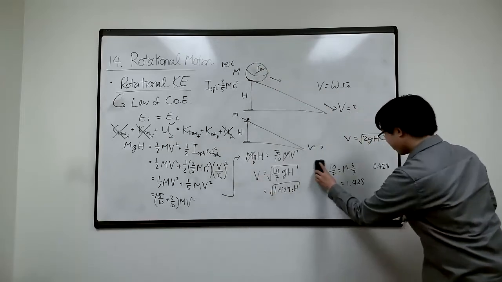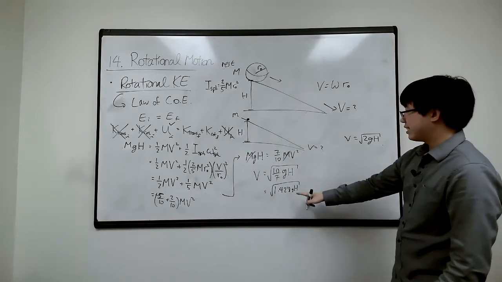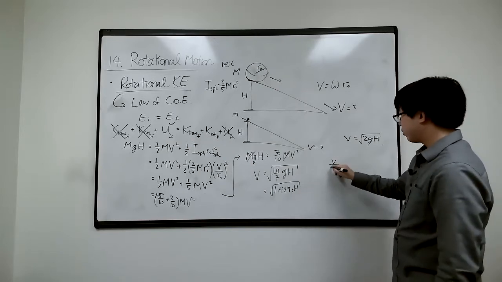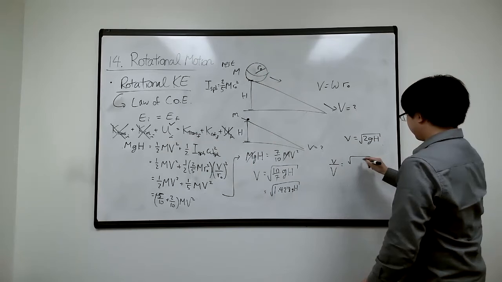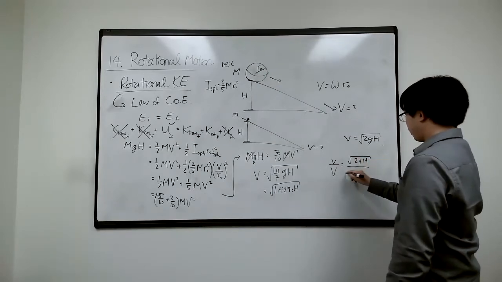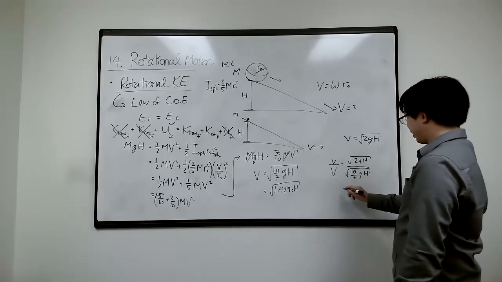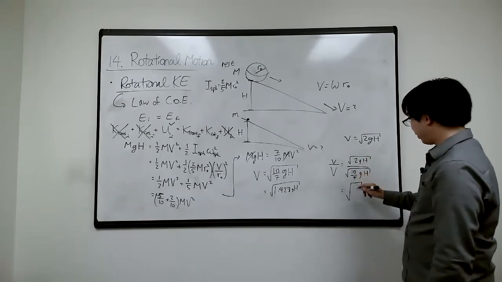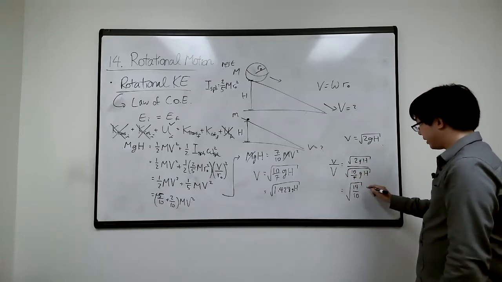In fact, a better comparison will look at how much faster this is than this. So let's look at little v over capital V. So we have 2gh over 10/7 gh, right? Now the gh cancels, the square root of the 7 goes on top, so 14/10.